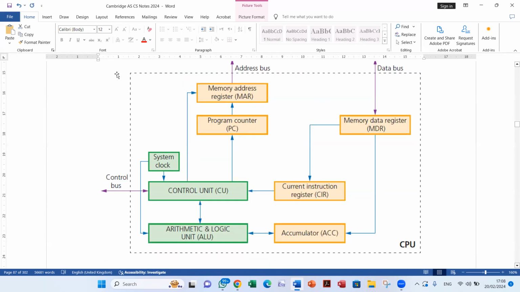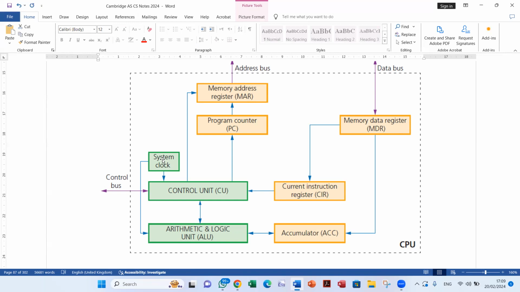We have the system clock, for synchronizing all the timings and providing the timing signal to synchronize everything inside the CPU. Anything inside that dotted line is inside the CPU. We also have the control unit.